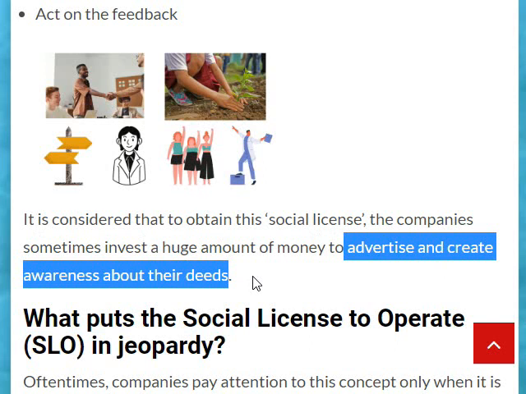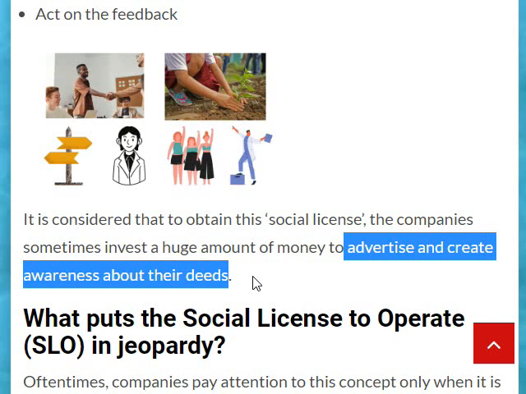Because sometimes what happens is, in the era of advertising, people who work according to best business practices and who do a lot of good work do not get highlighted as much, and people who do a little bit of work but advertise it in the media or through other mediums get highlighted, and that person is more likely to obtain a social license, because the general public tends to be more aware of their good practices.